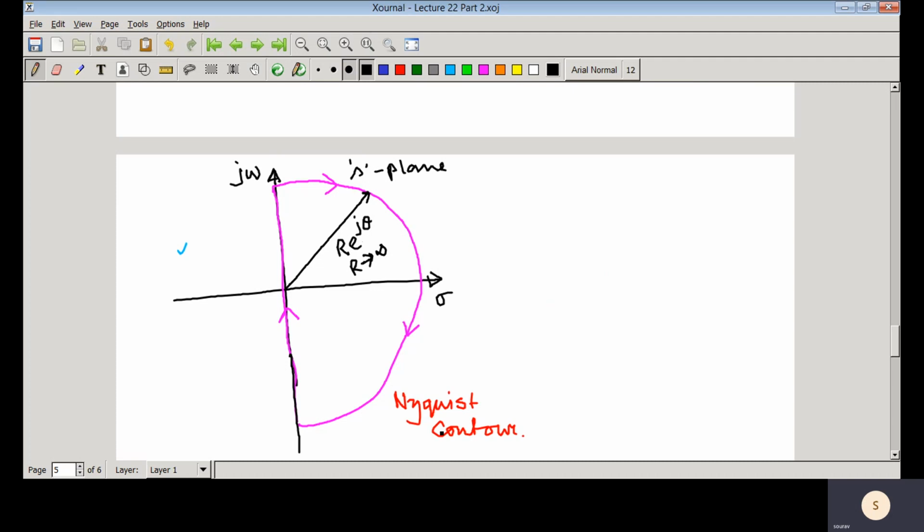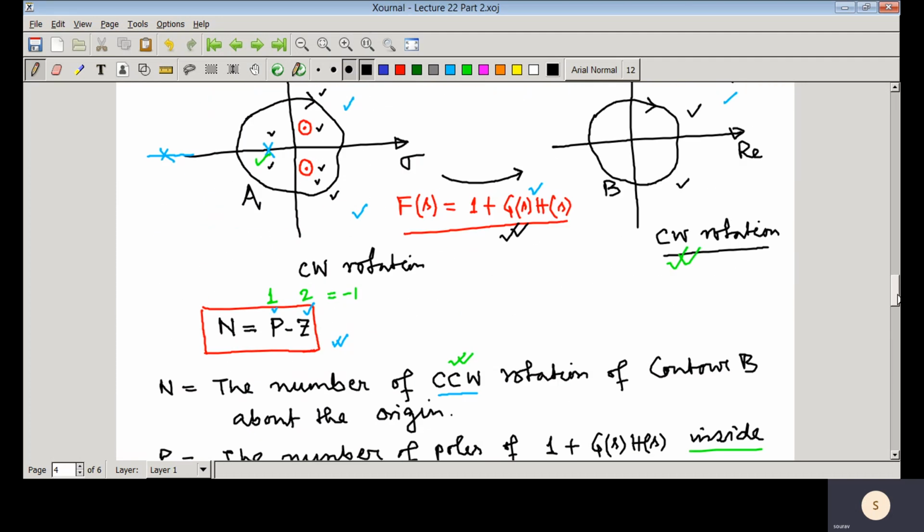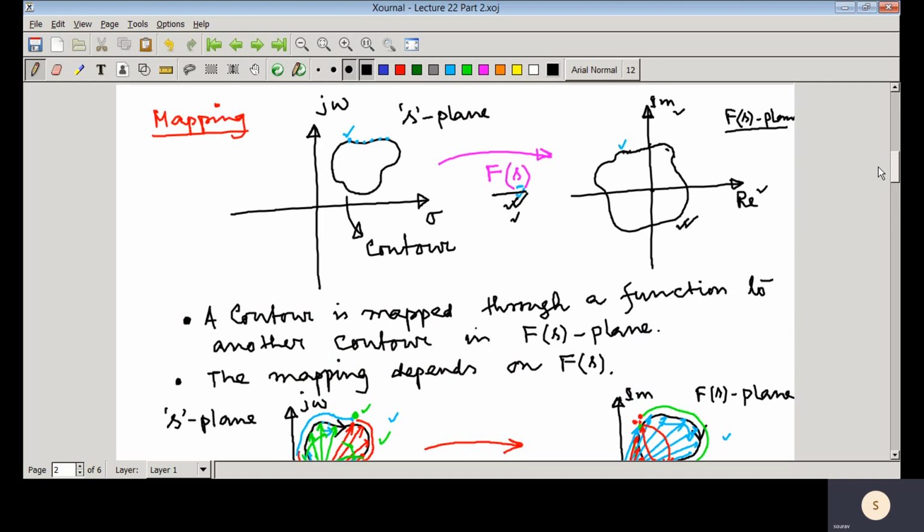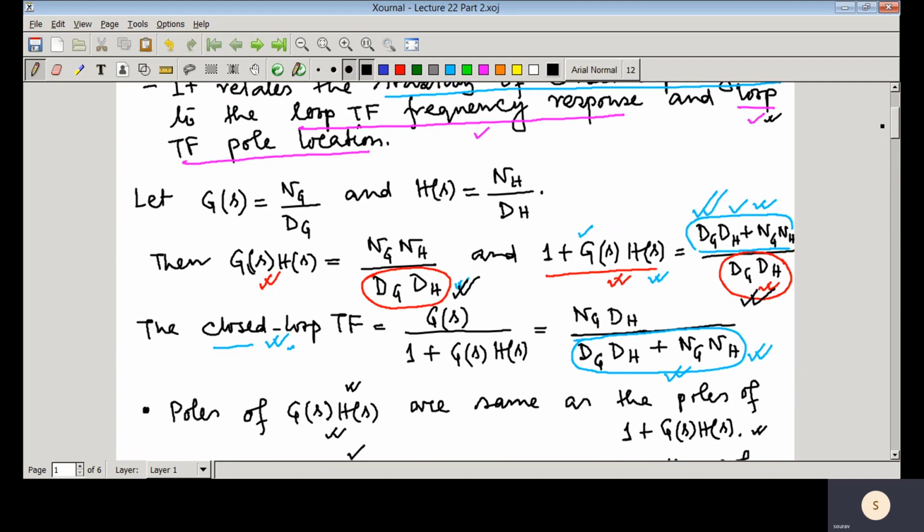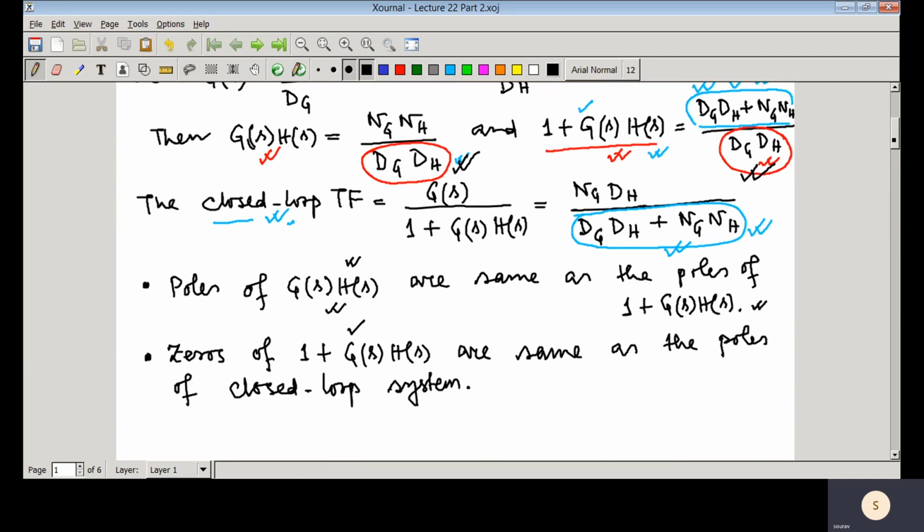Now if we take that Nyquist contour, the point is whether this contour encircles any zeros of 1 plus g of s h of s, yes or no. Because, as we discussed at the very beginning, the zeros of 1 plus g of s h of s are nothing but the poles of the closed loop system.